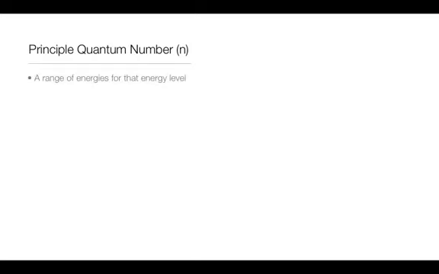The principal quantum number tells us a range of energies for a specific energy level. So unlike Bohr's model, where an energy level represents an orbit, for us now an energy level is an area of probability that represents a range of energies for electrons in that energy level.